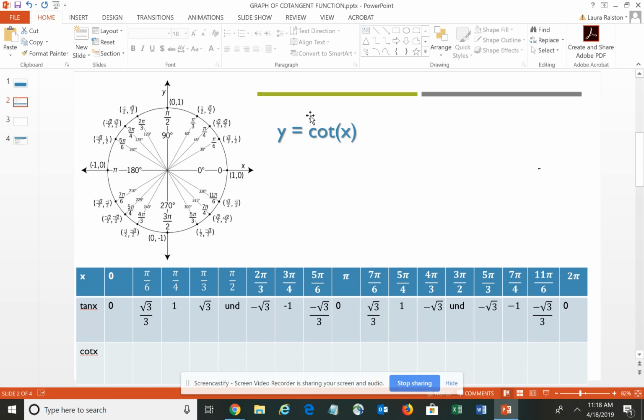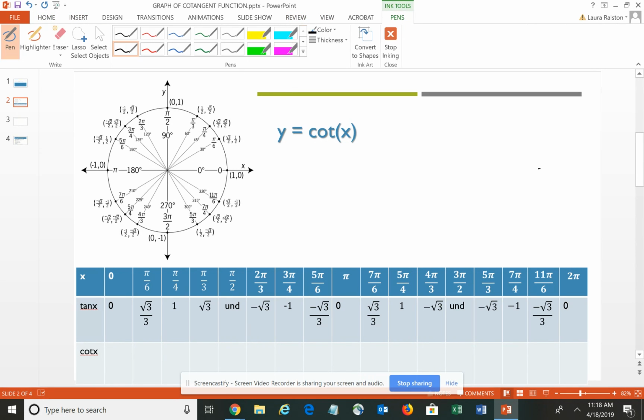And a couple of things to remember here about cotangent. First off, it is actually the reciprocal of the tangent, so we would have 1 over the tangent of x, or you could think about it as being the cosine of x divided by the sine of x.